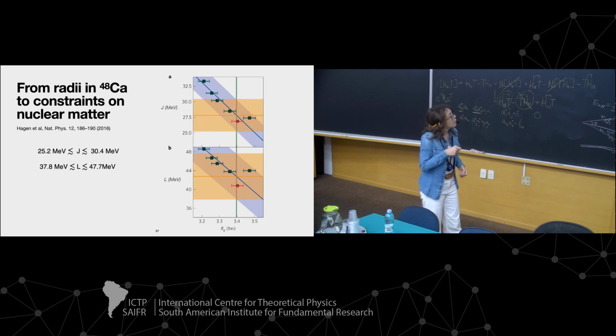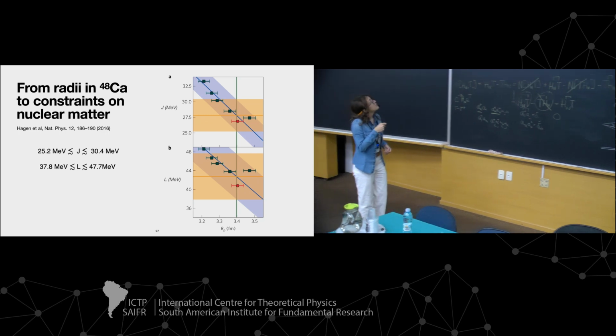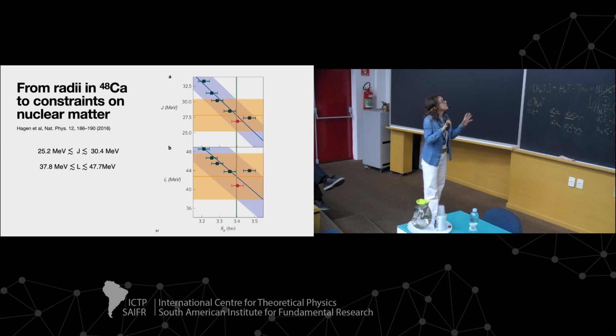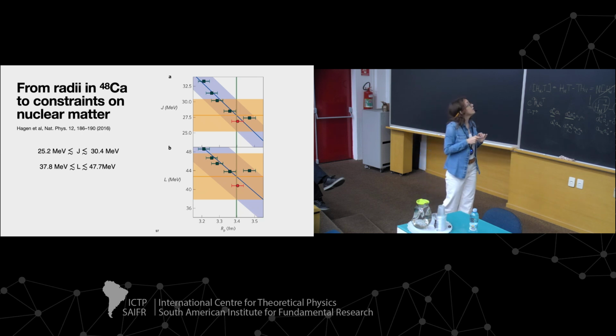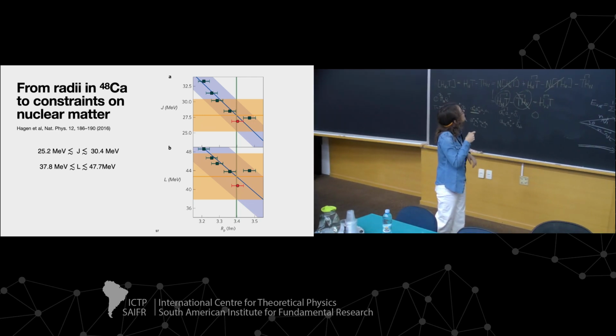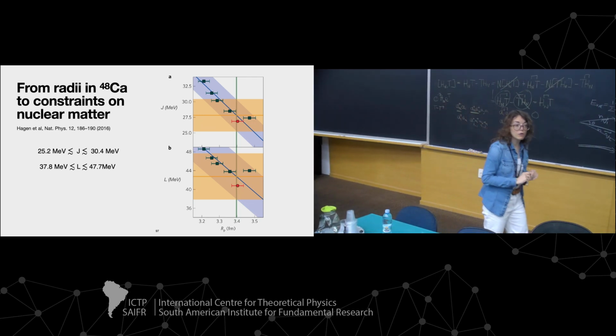We obtain a correlation that we can then use to obtain constraints on J and L. And as you can see here, you obtain a J which is around 30 MeV, and a value of L which is between 35 and 45, more or less. But let's say below 50 MeV.